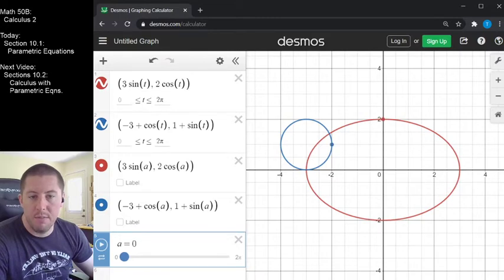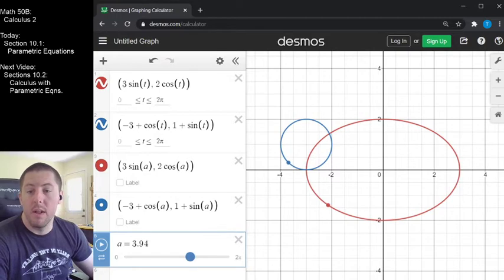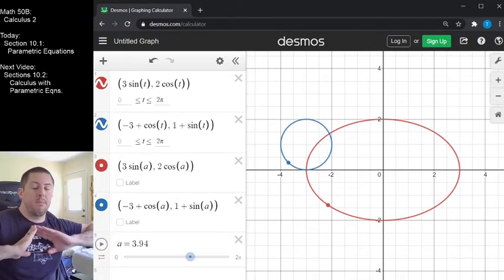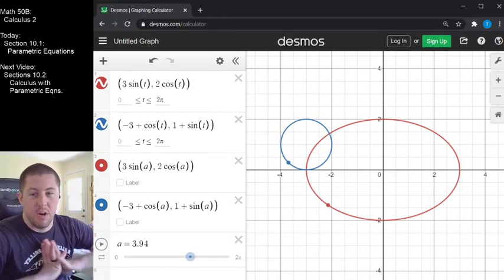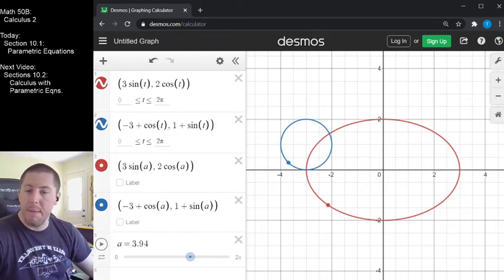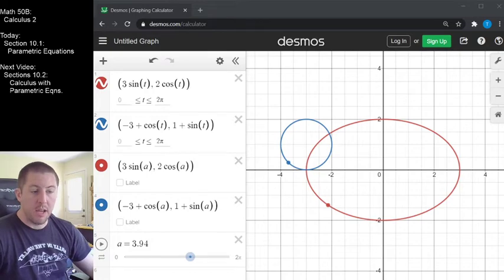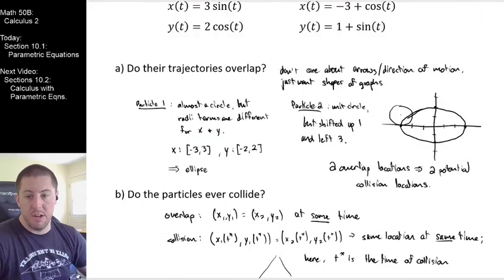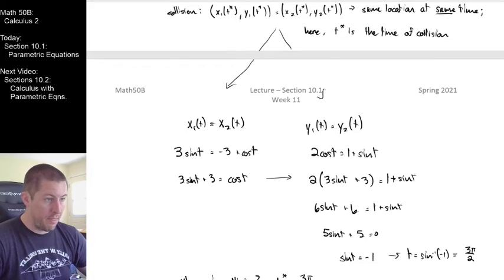So we've got our full description now of the relationship between these two particles. They cross their paths twice, but they only hit each other once. So collision versus overlap: overlap is a purely graphical thing. Collision required our consideration of the time component.